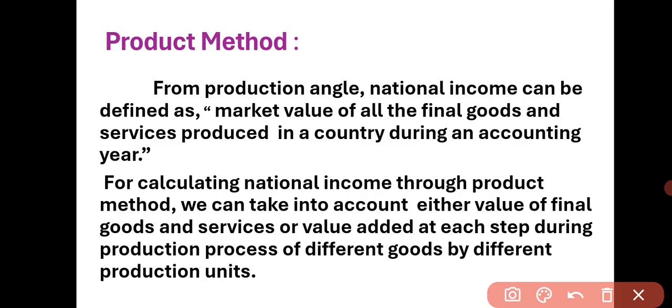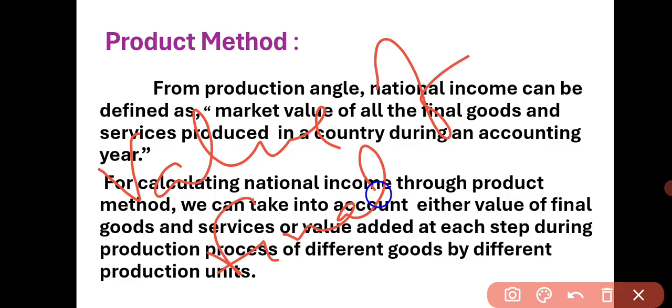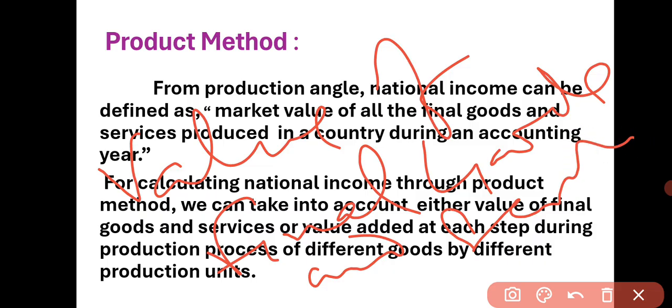When we add the value of final goods and services, it will give rise to GDPMP, gross domestic product at market price, right?